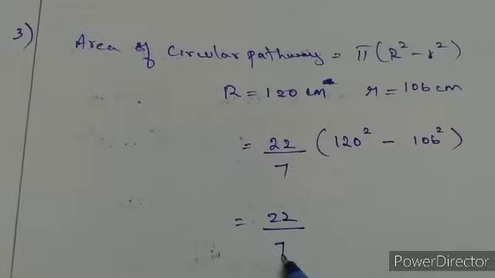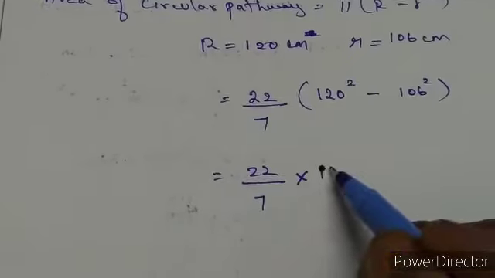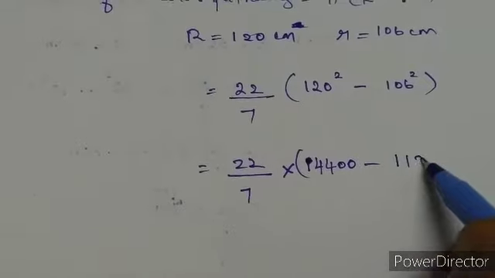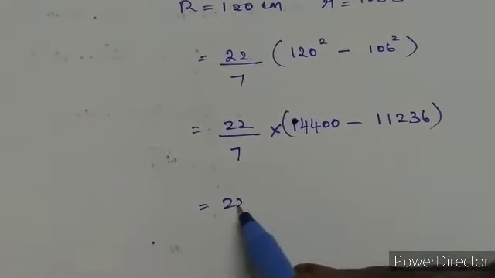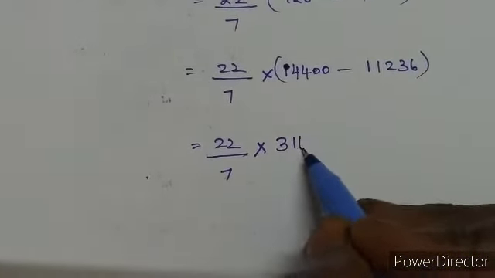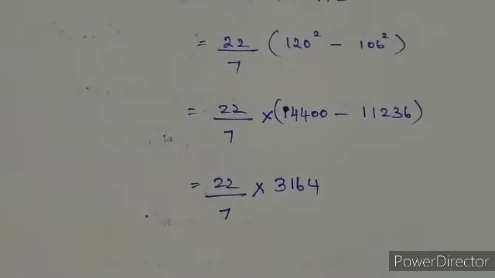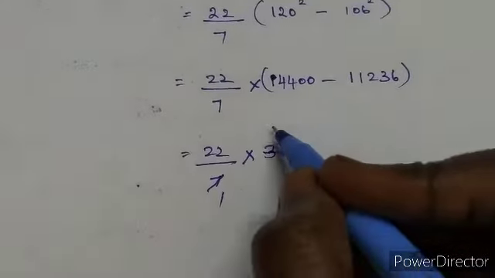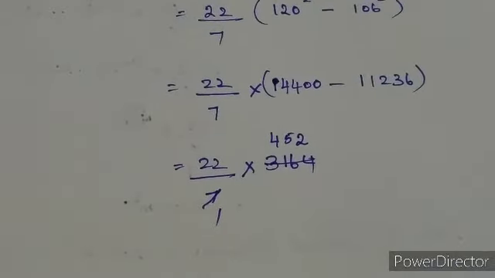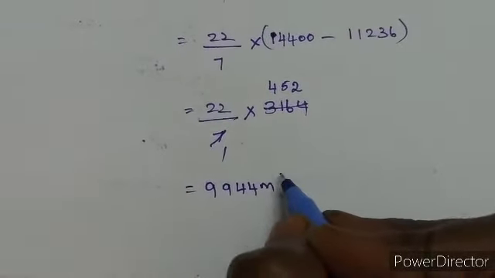Now 22 by 7 into, here we multiply 120 two times for 14,400 minus 106 square, 11,236. Now 22 by 7 into, if you subtract these two numbers, 3,164. Yes, 3,164 divided by 7, 7 ones are 7, gives you 452. Usual division, we can go for the cancellation, into 22, your answer is 9,944 meters square.